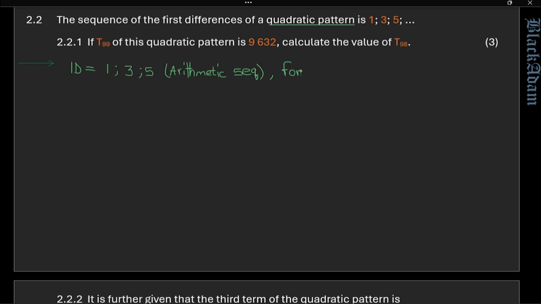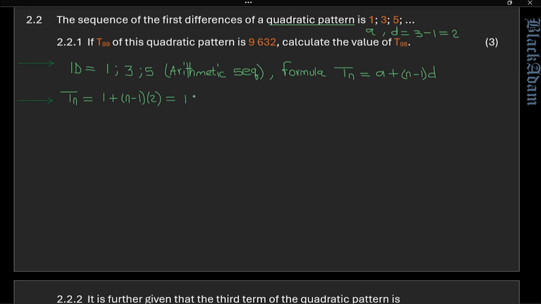So the formula would be Tn equals a plus (n minus 1) d. What we do is find that a is 1 and d is 3 minus 1, which is 2. So we have Tn equals 1 plus (n minus 1), common difference is 2.